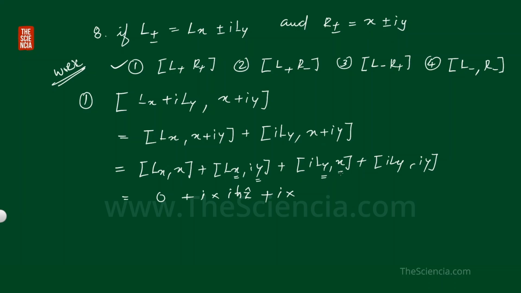First is y, then x, so it is different, and it will be minus i h cross z cap. Plus here also I can take i outside, into [Ly, y], and we know it is equal to 0. So this is equal to i into i h cross z cap minus i into i h cross z cap; that is, i into minus i h cross z cap gives plus h cross z cap, and the other gives minus h cross z cap. So this is equal to 0.